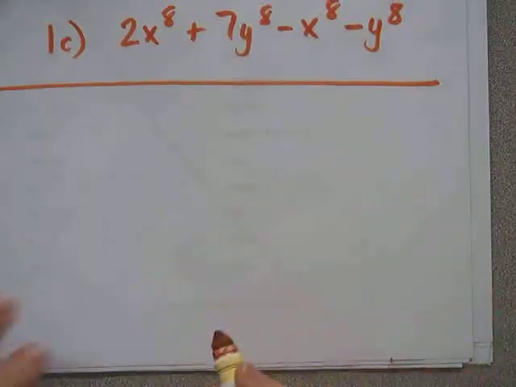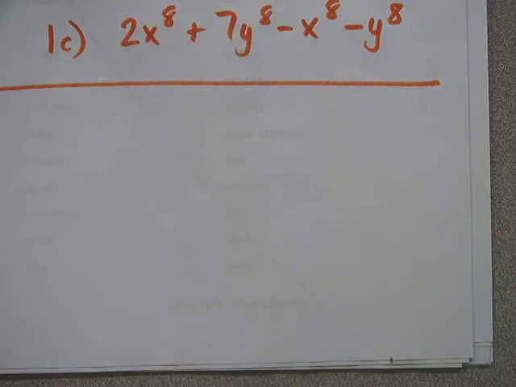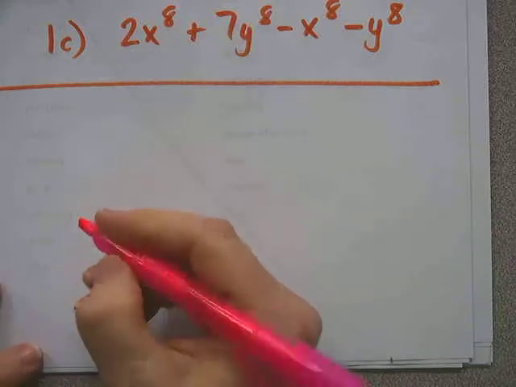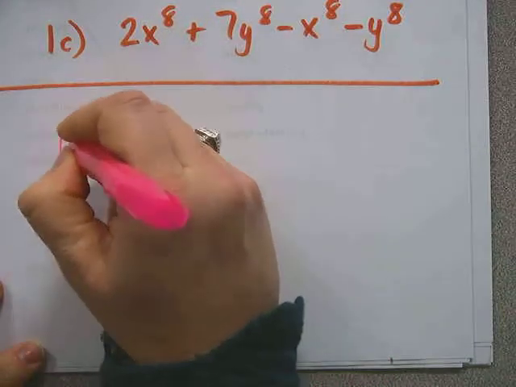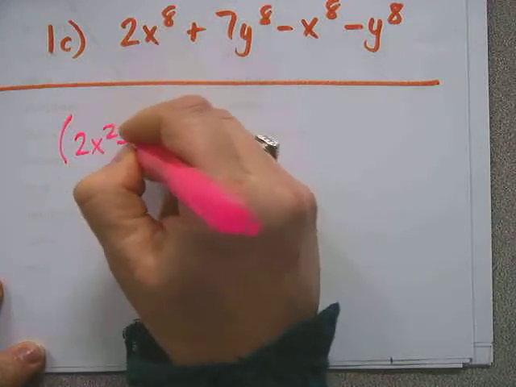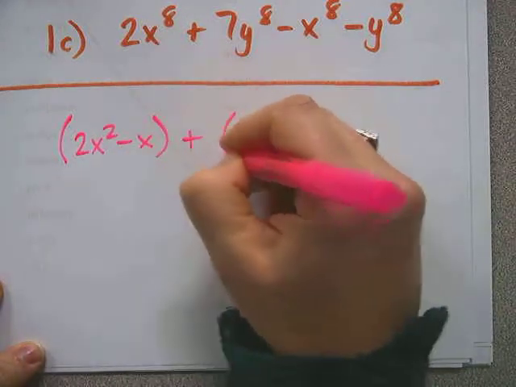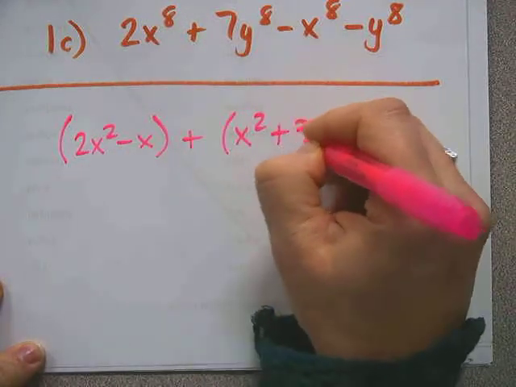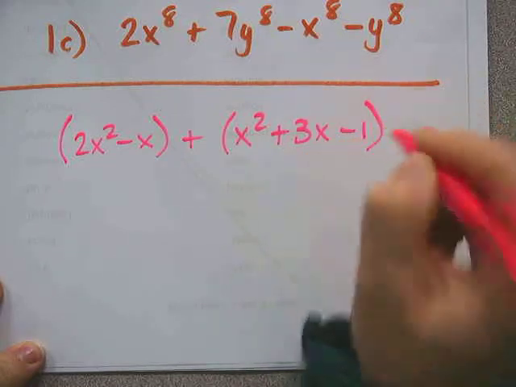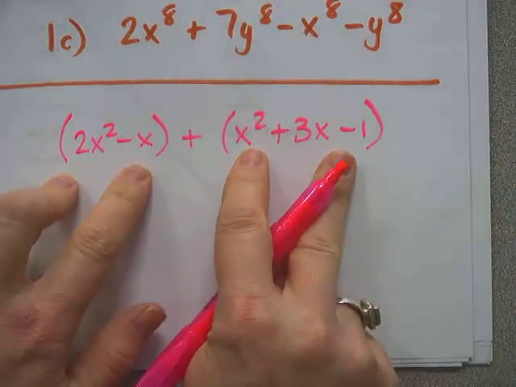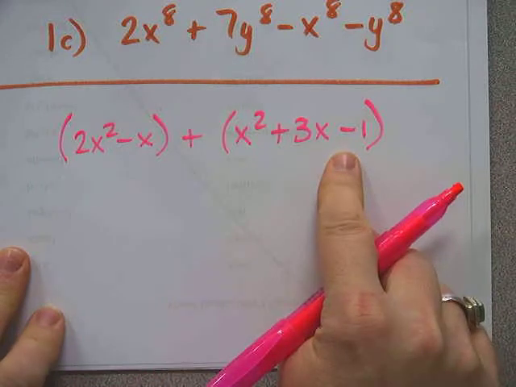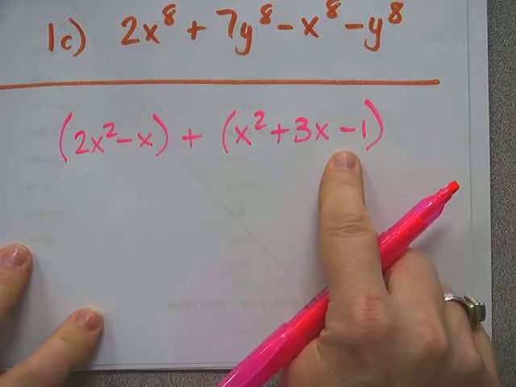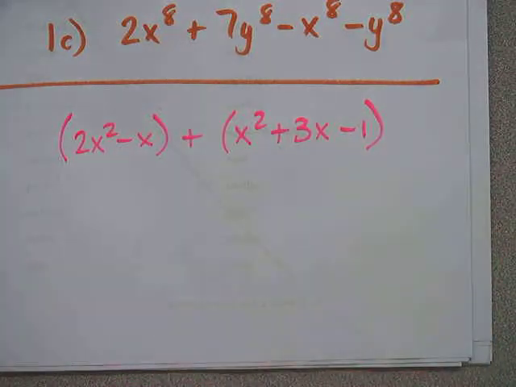Now we're going to talk about adding polynomials together, and the problems would look something like this. So 2x squared minus x plus x squared plus 3x minus 1. So we're adding these together, and you can write it out horizontally, or your textbook also sometimes writes them out vertically.